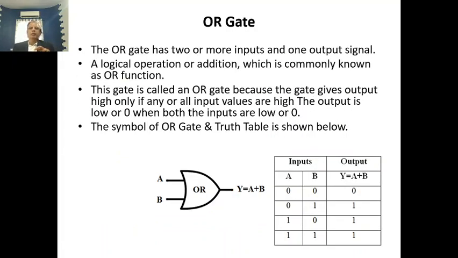The second operation is the OR gate. This is the 2 input OR gate, the symbol for this 2 input OR gate.